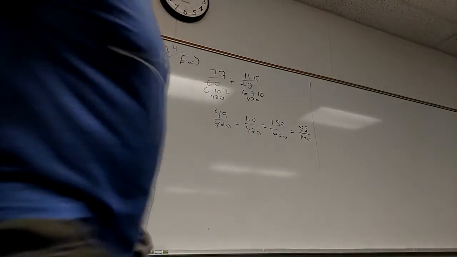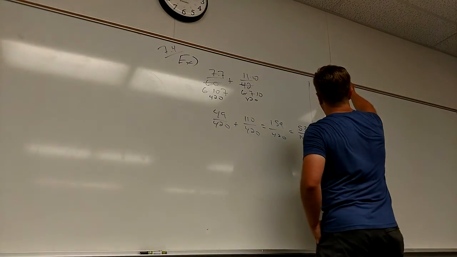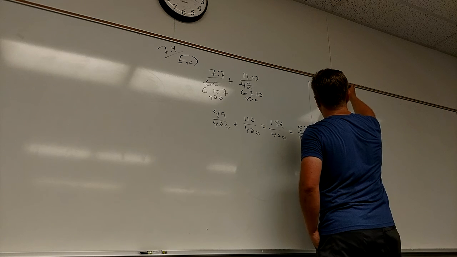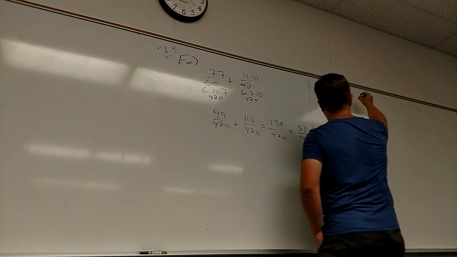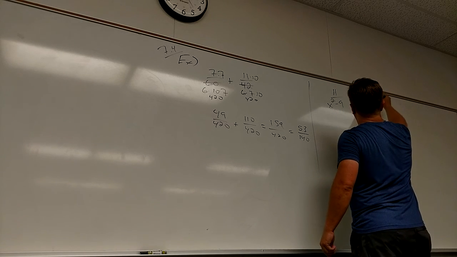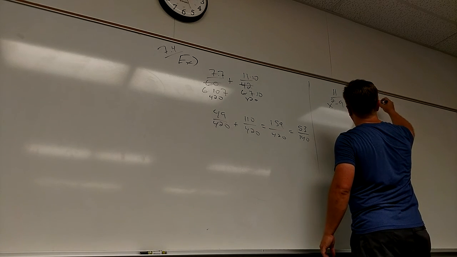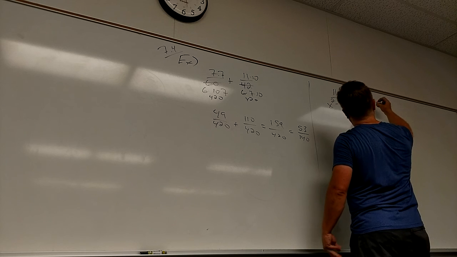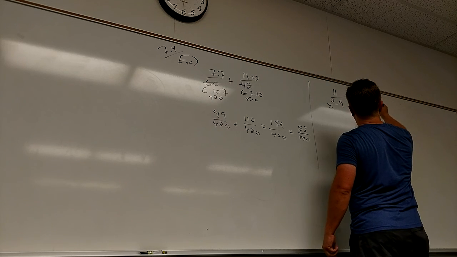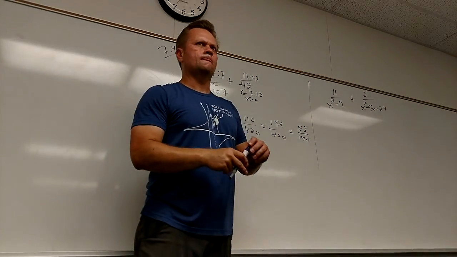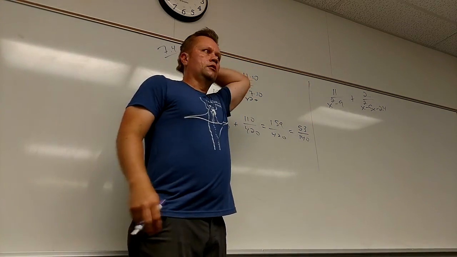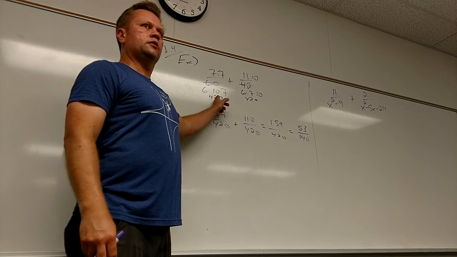Okay. So if I have, let's say, 11 over x squared minus 9 plus 2 over x squared minus 5x minus 24. What was my first step here?